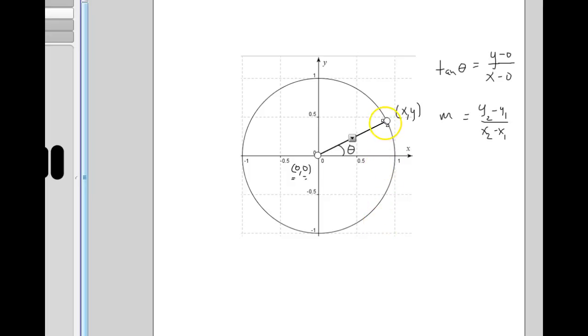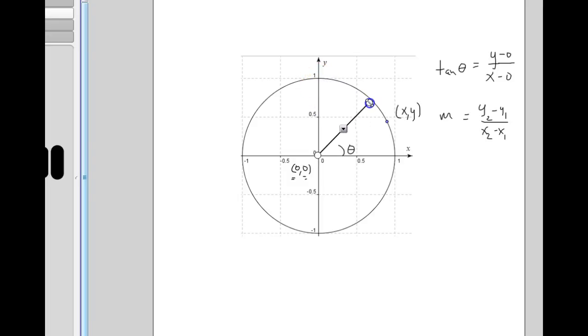Now think about what happens with slopes. A horizontal line has a slope of 0, if you remember. Then we've got positive slope as we increase the angle until finally we get to 90 degrees, and now we've got a vertical line. And if you remember from algebra, pre-calculus, the slope of a vertical line is undefined, or you can think of it as infinite.